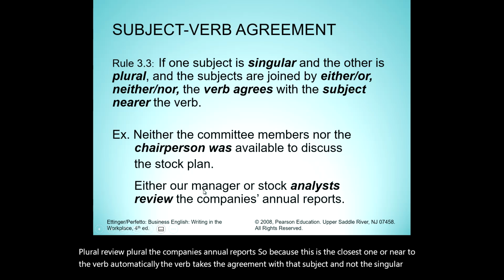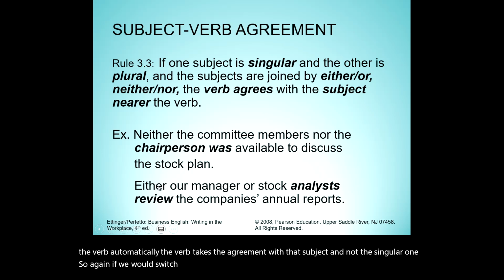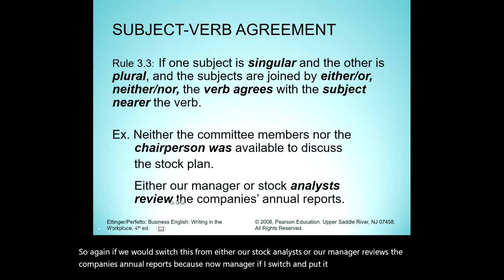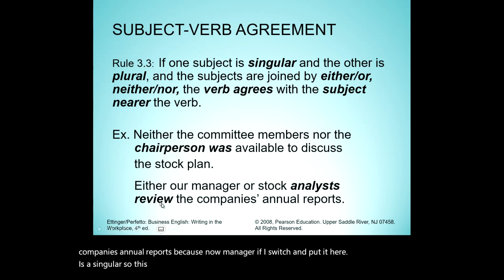So again, if we would switch this to either our stock analysts or our manager reviews the company's annual reports, because now manager, if I put it here, is singular, so this would have to be singular and it would be reviews.